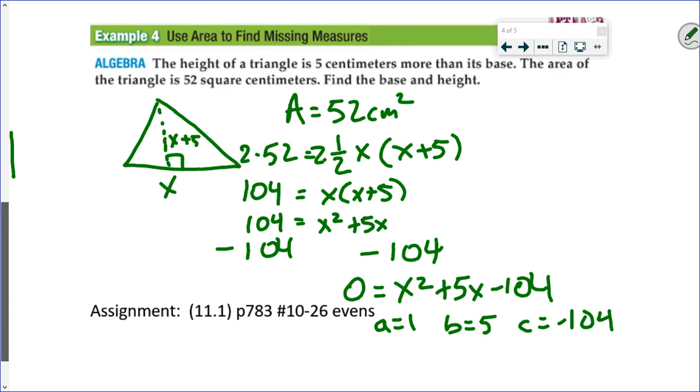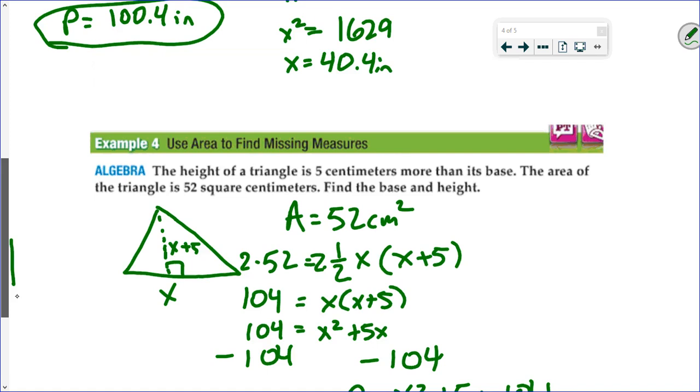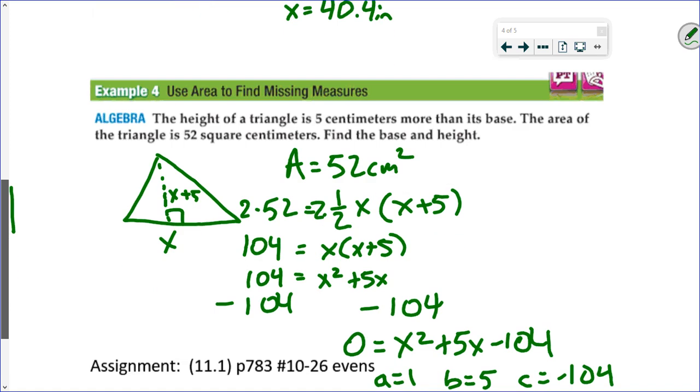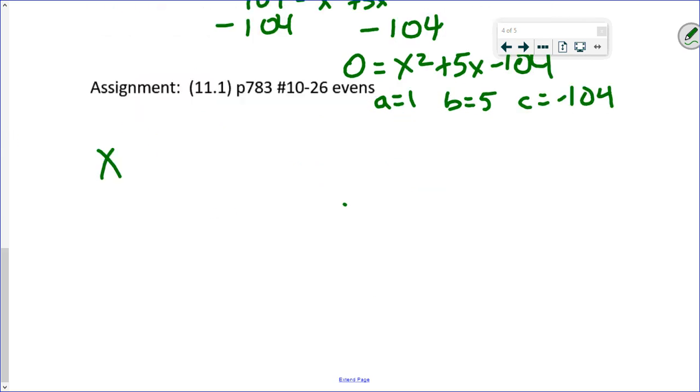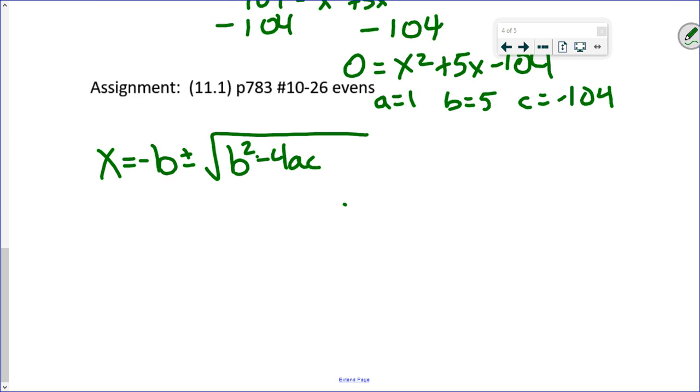That's just from the standard form of a quadratic. Okay, plug all of those in. That's again the quadratic formula. I'll save a lot of this algebra and simplifying for you guys, but it's x equals negative b plus or minus square root of b squared minus 4ac, all over 2 times a.